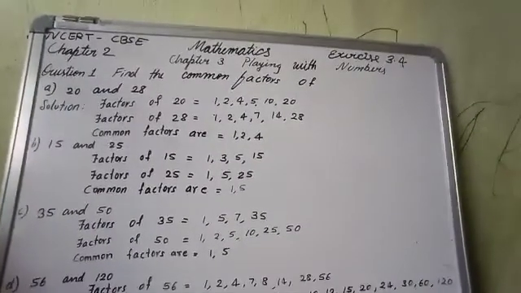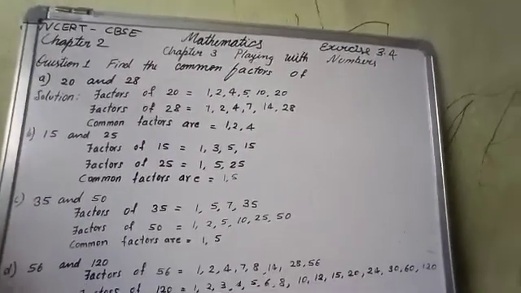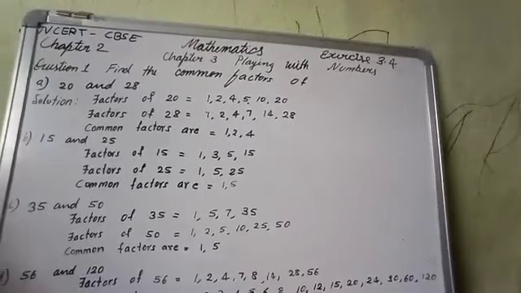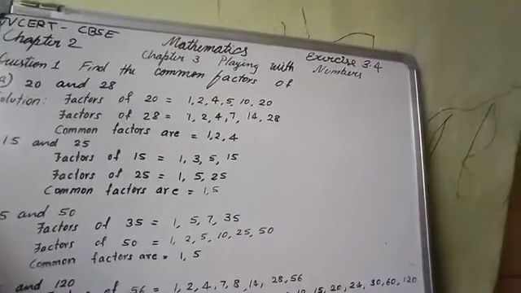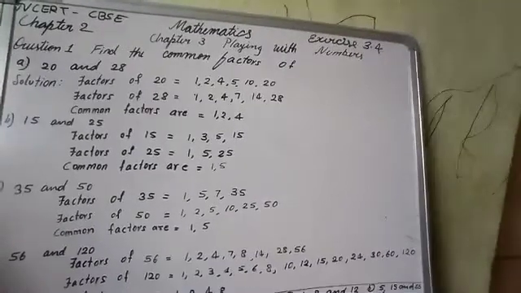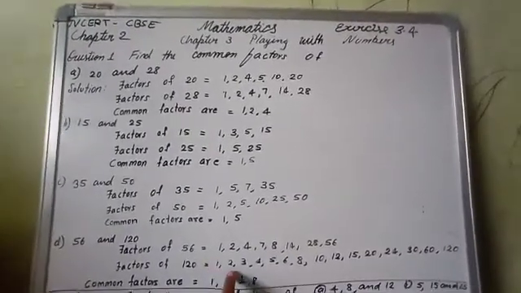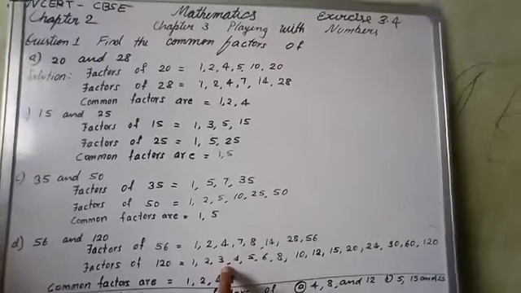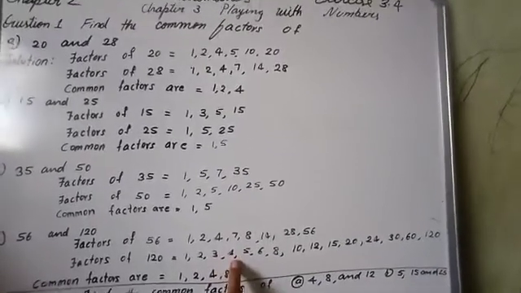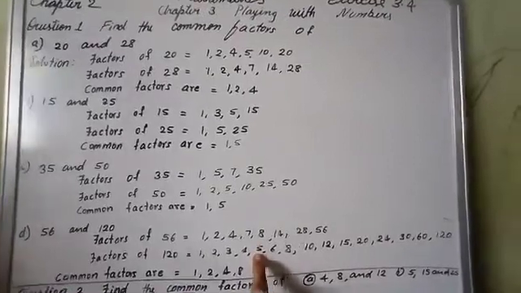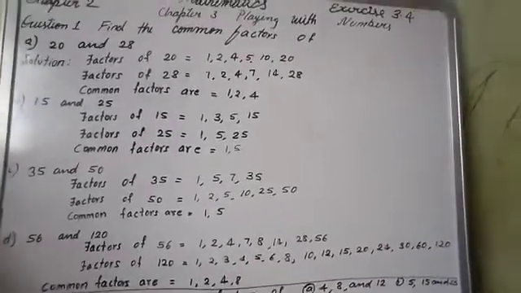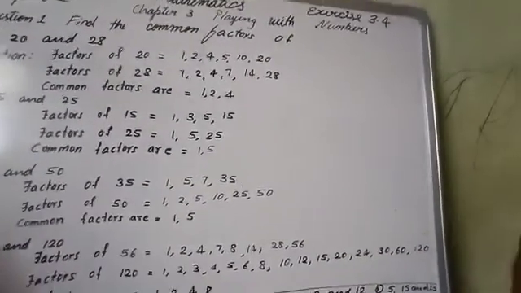Then if you are going for 56 and 120, factors of 56: 1, 2, 4, 7, 8, 28, 56. In the same way, factors of 120: 1 times 120, 2 times 60, 3 times 40, 4 times 30, 5 times 24, and so on.